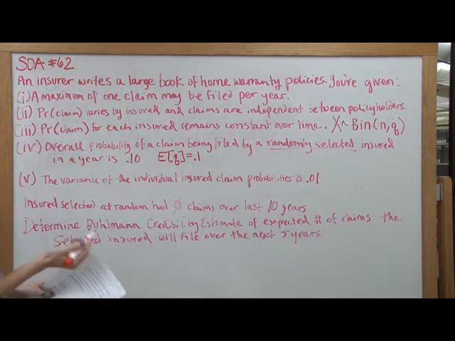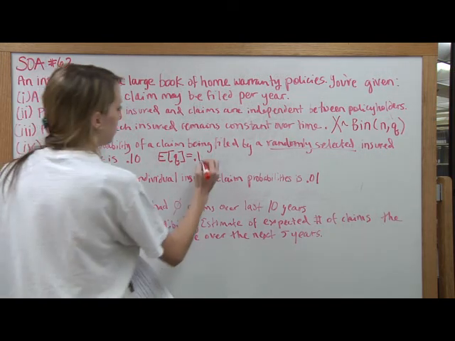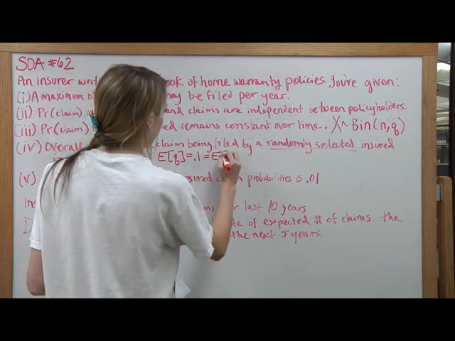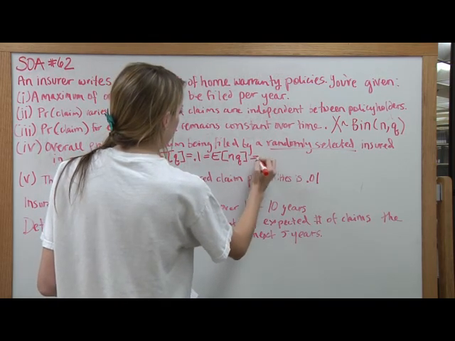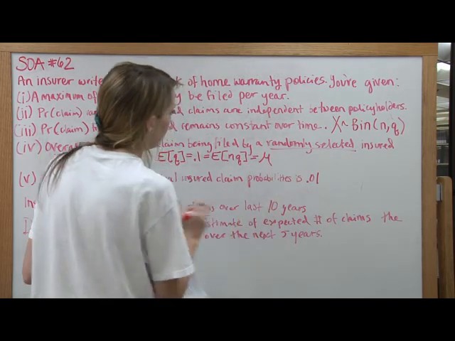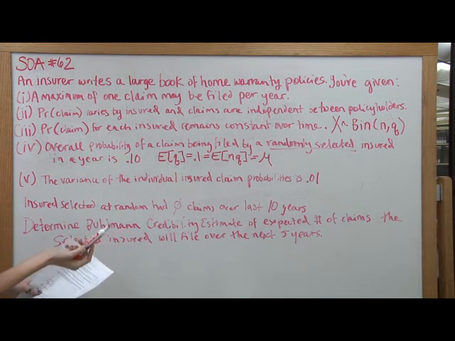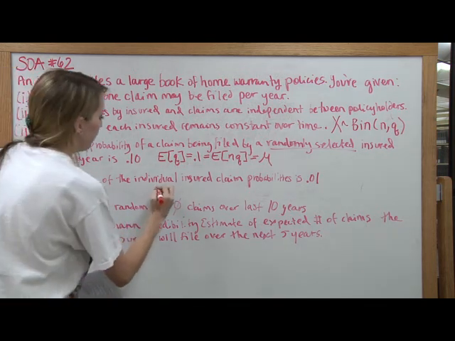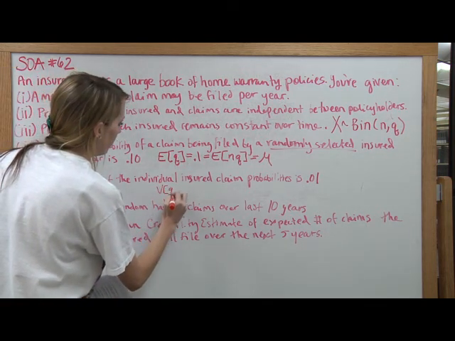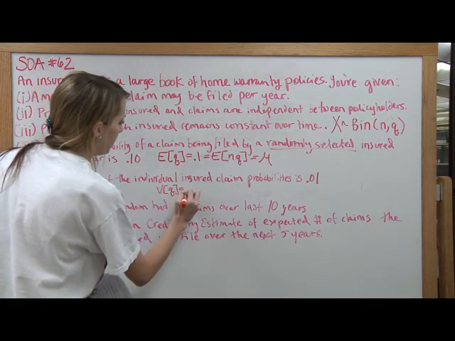But in this case, we know that n is 1 also, so this would be equal to the expected value of n times Q, which would be mu, because that is the expected value of a binomial distribution. Now, this one right here, the variance of the individual insured claim probabilities is 0.01. So for just one individual, the variance of their Q is 0.01.